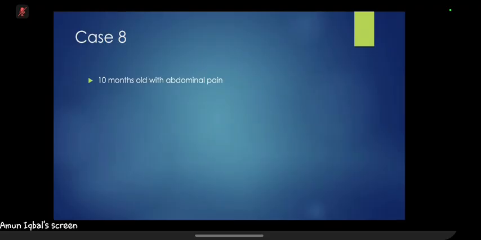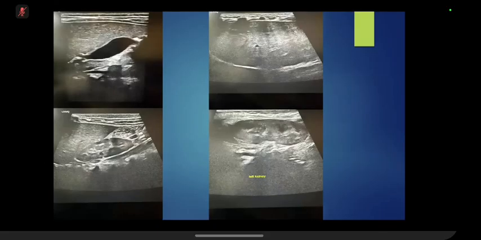So this is a 10-month-old baby with abdominal pain. These are spot images of grayscale ultrasound at the level of bladder and kidney.